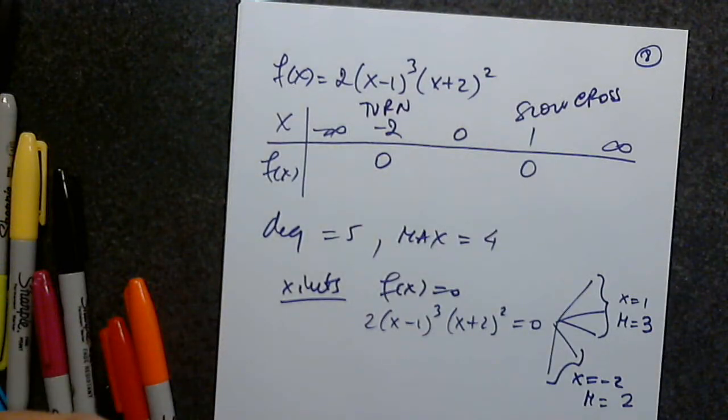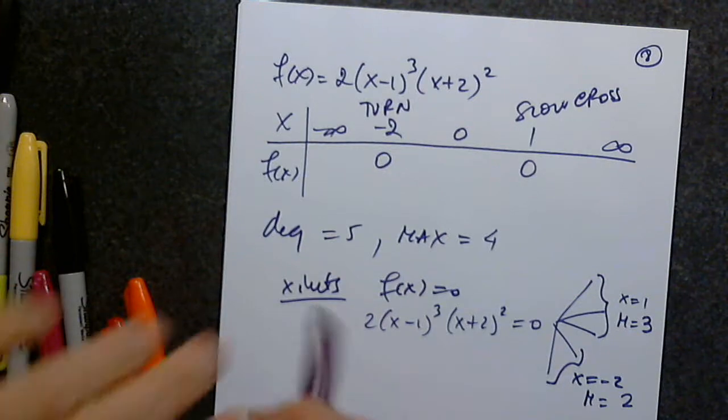And now let's think about the end behavior. Since the degree is odd, will it behave like the linear function, or like the quadratic function? Linear. Is it this? Yes, it is, because the leading coefficient is positive. So from negative infinity to positive infinity. Awesome.